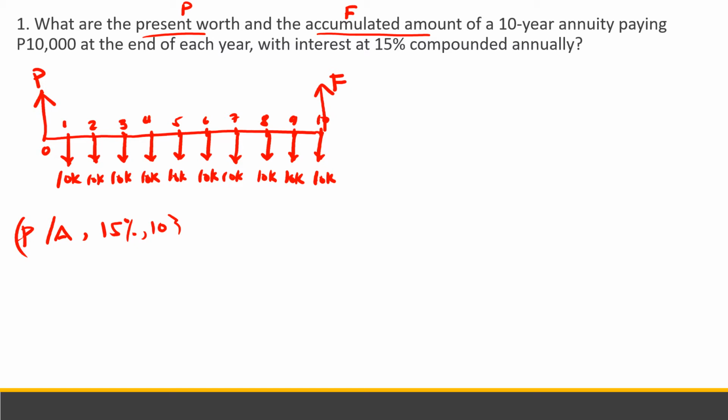This is how you simplify yung problem: finding P, this is the unknown, given yung A, yung I, and yung N.